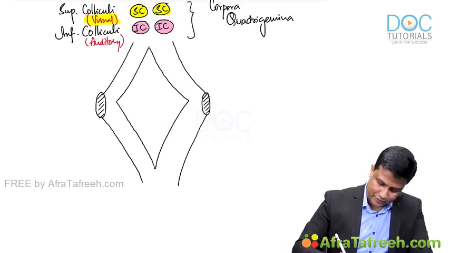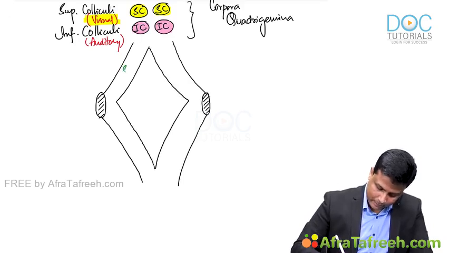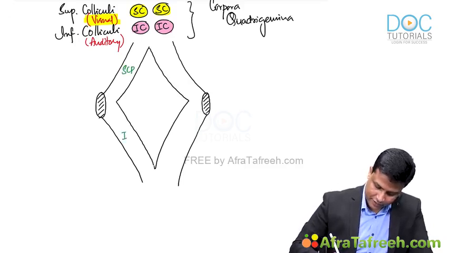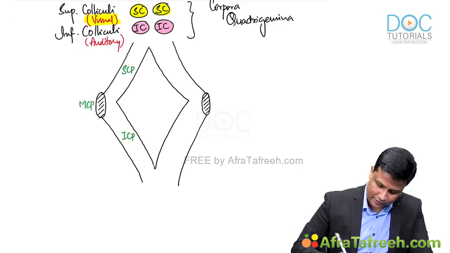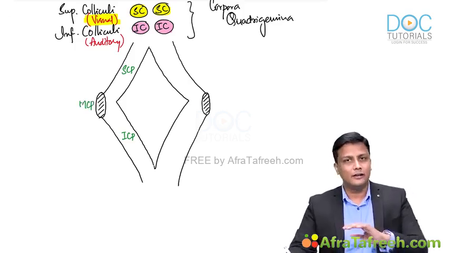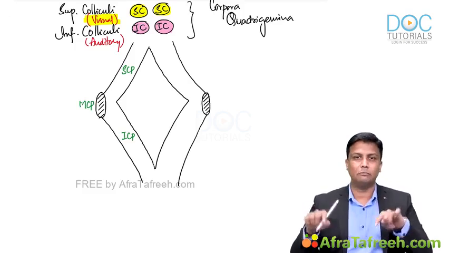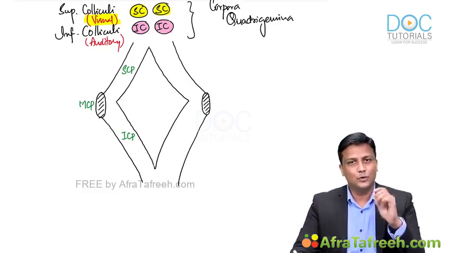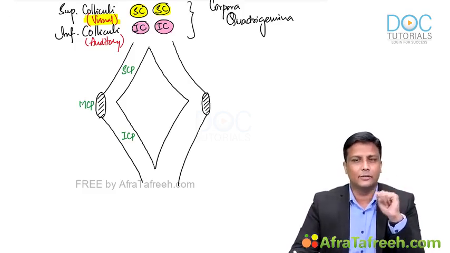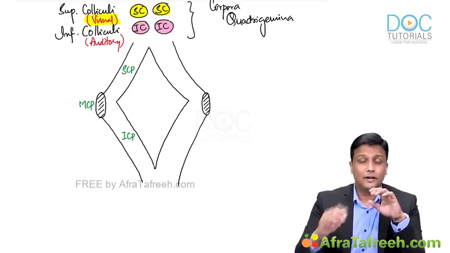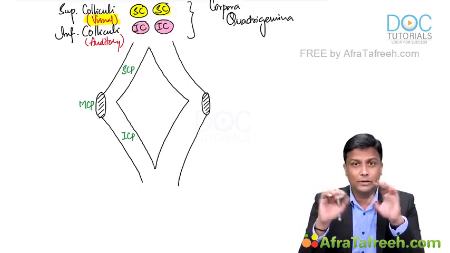So this is the superior cerebellar peduncle, this will be the inferior cerebellar peduncle, and this one here will be the middle cerebellar peduncle. In my diagram here you can clearly appreciate what is forming the boundary of the fourth ventricle. It's only superior and inferior cerebellar peduncle. You can see middle cerebellar peduncle is more lateral, it is not forming the boundary of that.